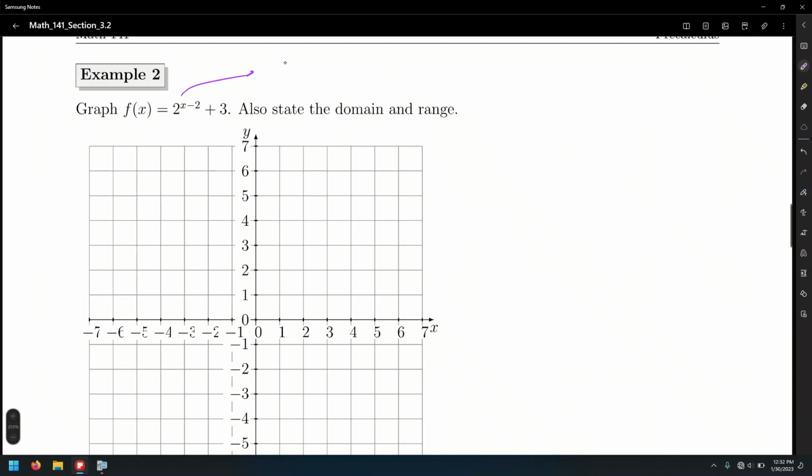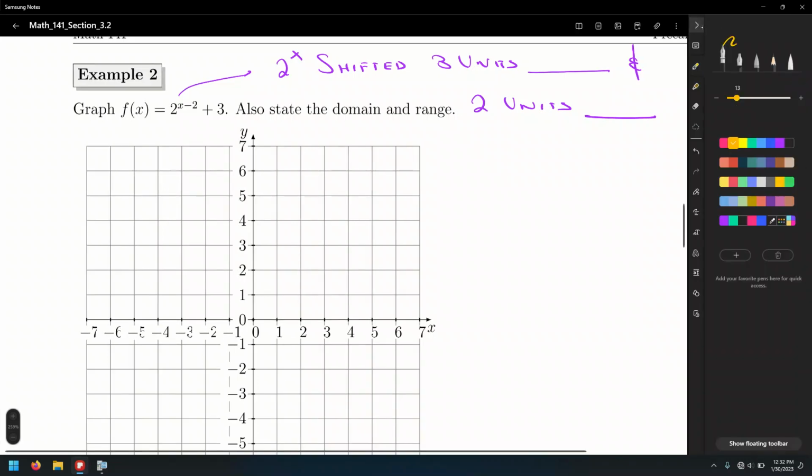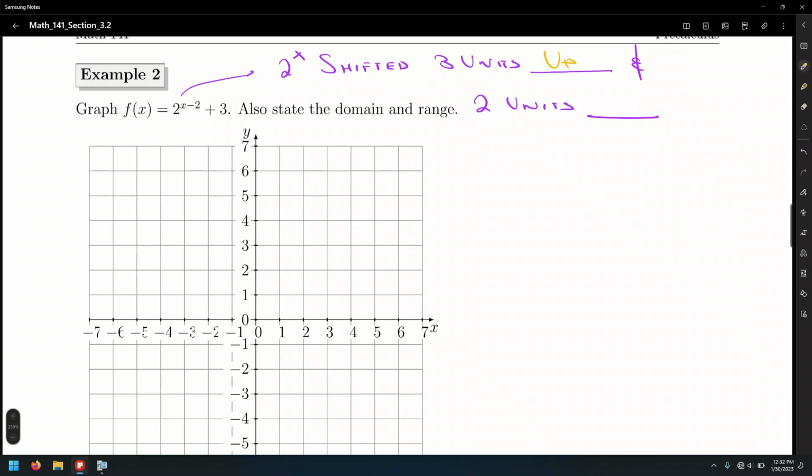In this case, it's the graph of 2 to the x shifted 3 units, blank, and 2 units, blank. All right, let's fill in the blanks. So it's going to be 3 units in which direction? Up. And 2 units in which direction? To the right. Yes, that's right.